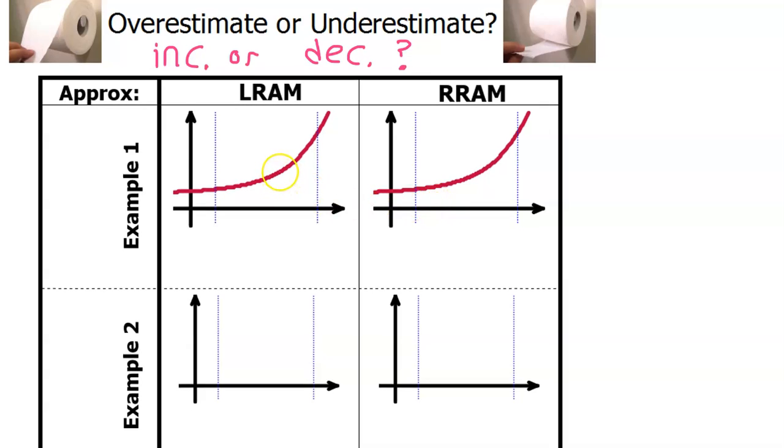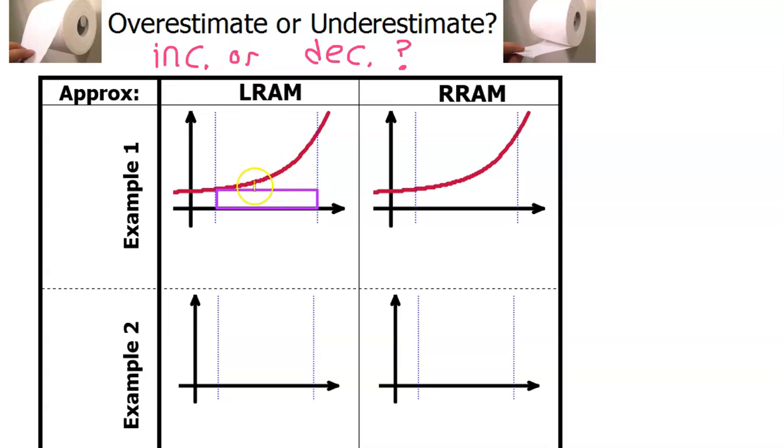Okay, so notice that in this case, the function is increasing. So you don't have to memorize whether it's an overestimate or an underestimate, because watch how easy it is to make a quick sketch. If I draw a quick left rectangle like this, bam, left rectangle, the left edge is touching the curve.